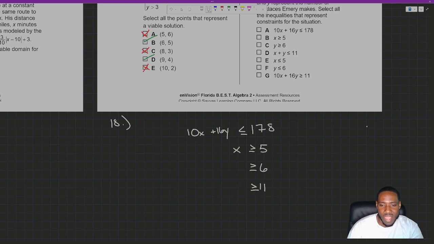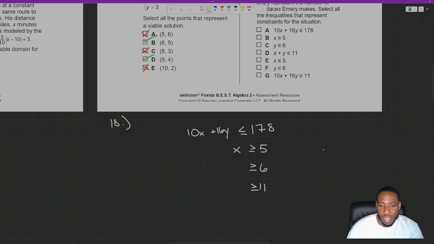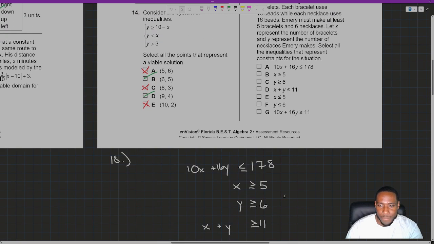So 16, and they tell us in the question Y represents necklaces. So 10X plus 16Y can be no more than 178. And Y has to be at least 6. So that means the combination of bracelets and necklaces needs to be at least 11. Okay? And so those are going to be the inequalities that represent what we're looking at here.